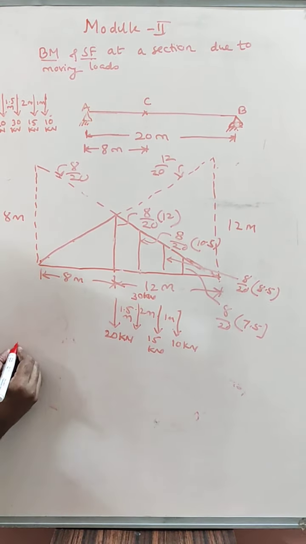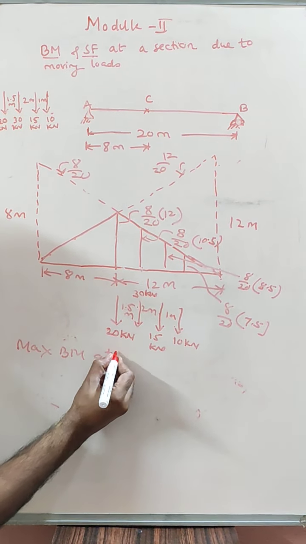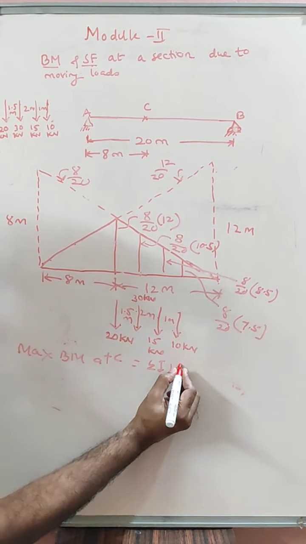So bending moment at C, or maximum bending moment at C, will be equal to summation of influence line ordinate into load.